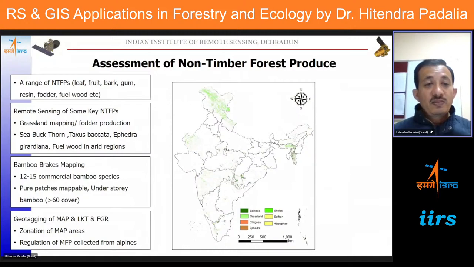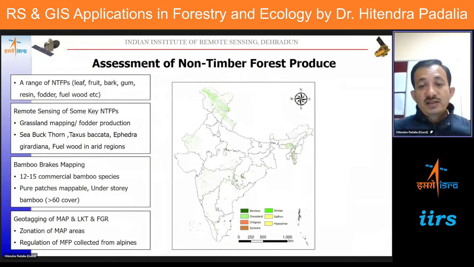And there are also already examples that NTFP species such as bamboo and certain grasslands, chilgoza, ephedra, solas, saffron, Hippophae rhamnoides, which is found in Ladakh and other parts of Uttarakhand and Himachal, such useful species have been mapped using remote sensing data, and they are very useful products for the industries and enterprises which are dependent on these raw products.